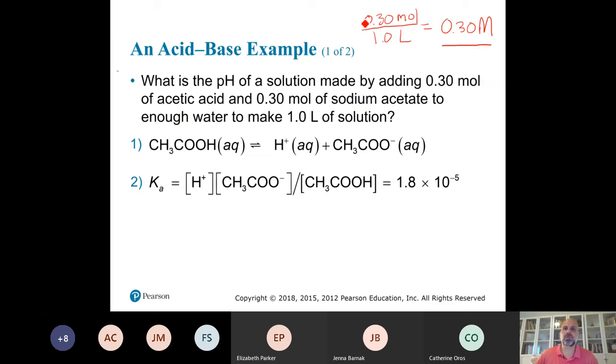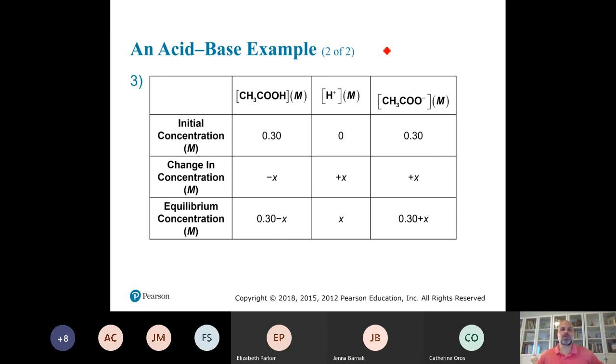We had to convert the number of moles into molarity over here on the right-hand side. Even though they're exactly the same, that's because the numbers are made to be very simple because we used a 1 liter solution. If you had a 2 liter or a half liter solution, this number would be different.